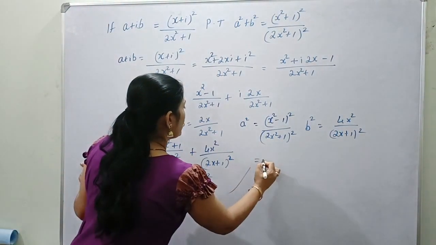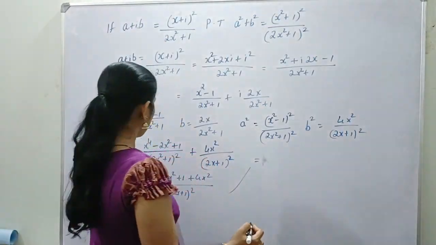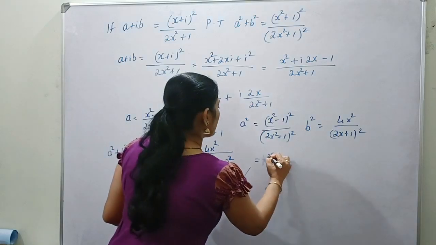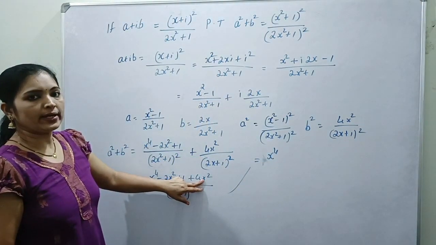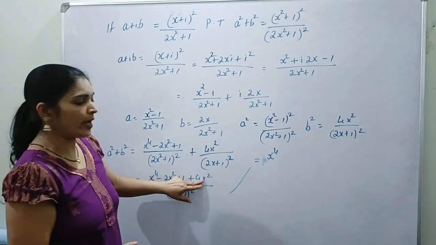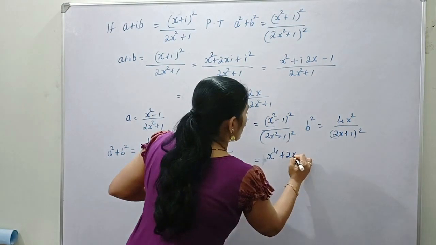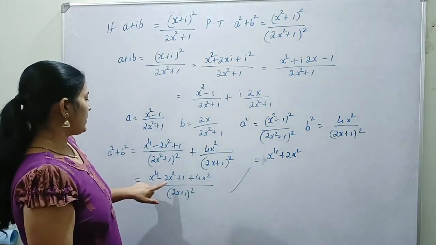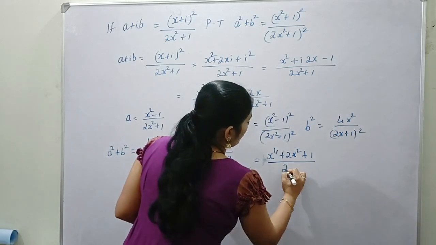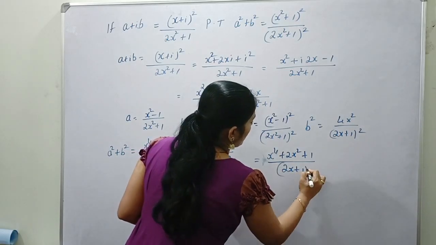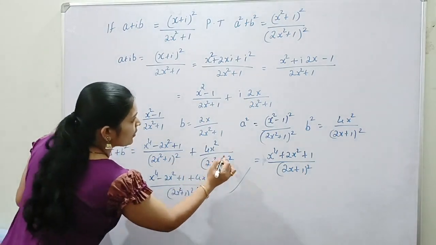That is x raised to 4, minus 2x square plus 4x square, that is plus 2x square. Minus 2 plus 4 is plus 2, so plus 2x square here, next plus 1, divided by the denominator (2x square plus 1) whole square.